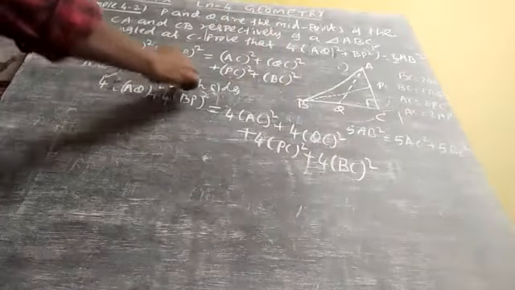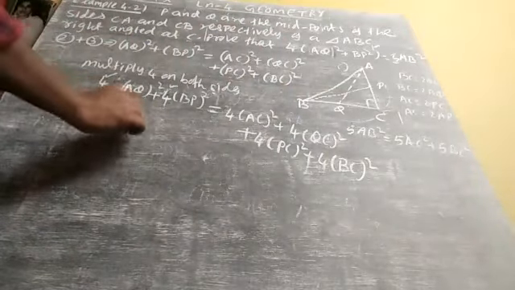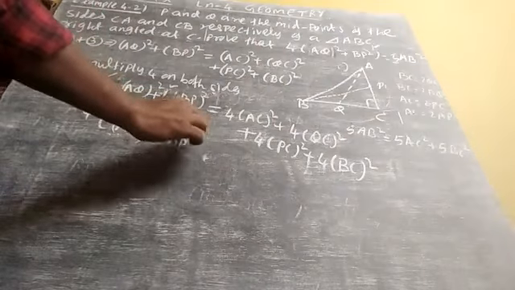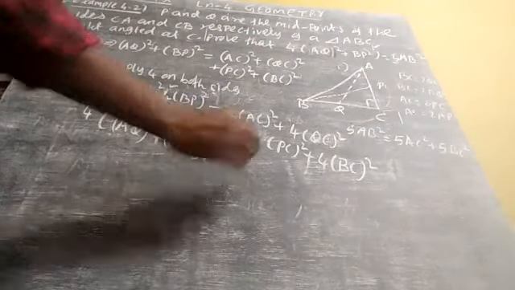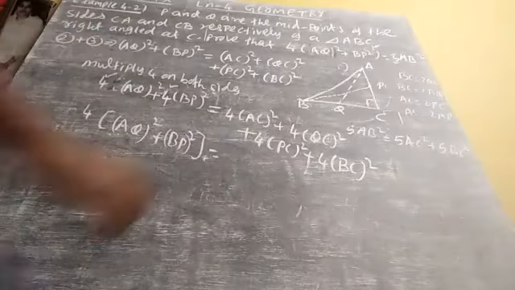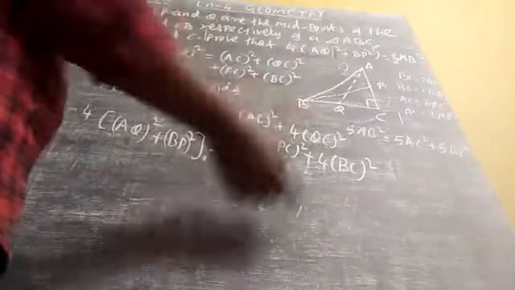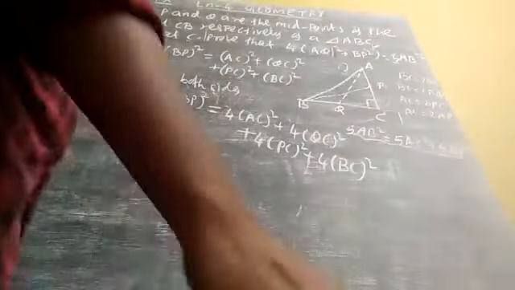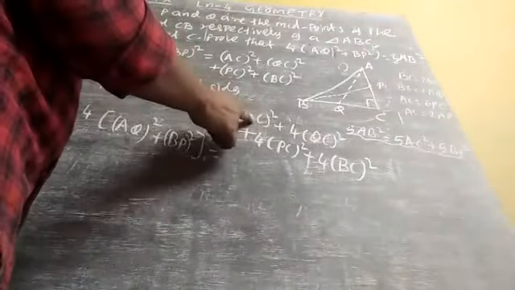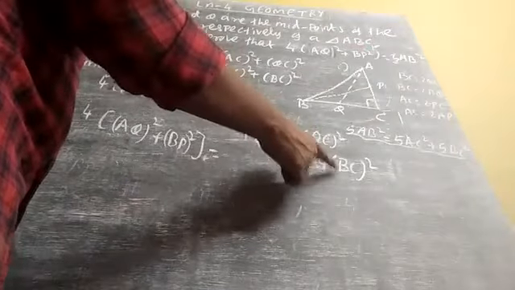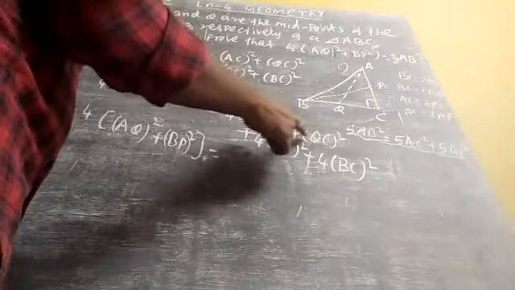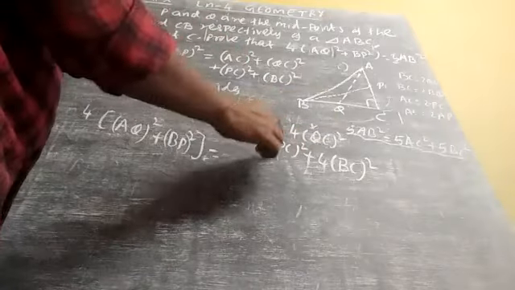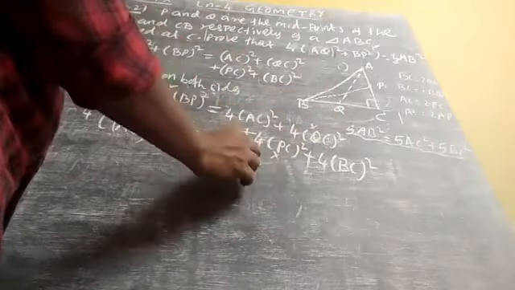Here also 4, here also 4. Take 4 common outside: 4(AQ square plus BP square) equal to, on this side AQ and BP came. On the other side, AB is there, which I already found in equation 1. Here AC came and BC came, but I have to eliminate QC and PC. For that, I can write 4 as 2 square.